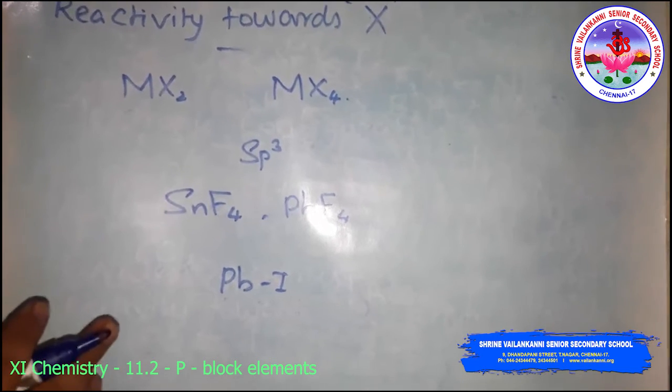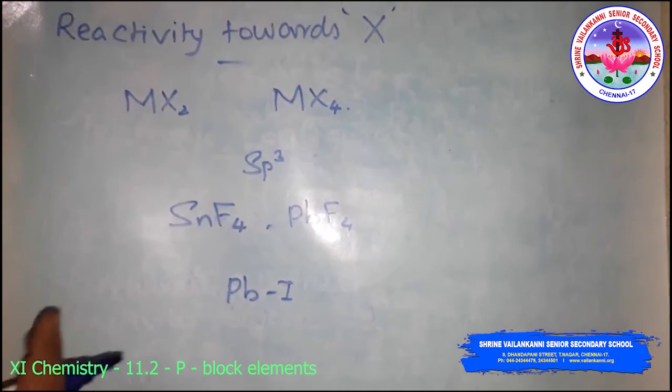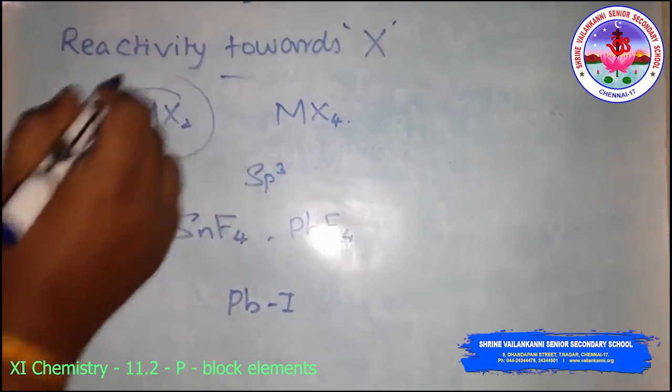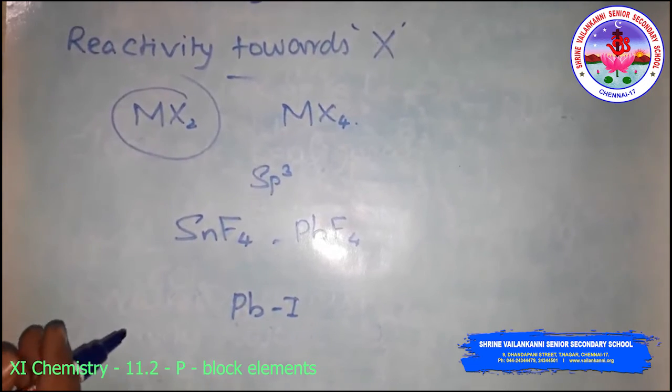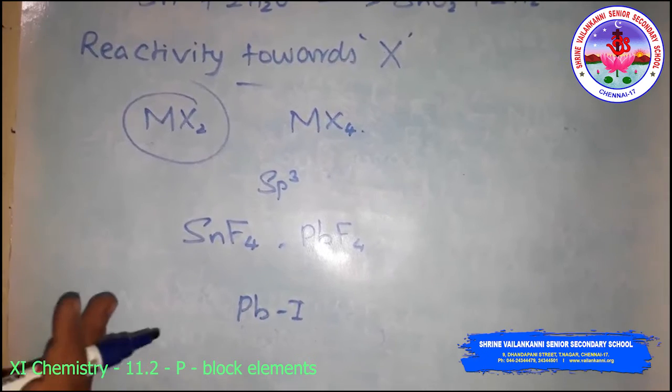The heavier members, like germanium and lead, are able to make halides of formula MX2. The stability of the dihalides increases down the group, considering thermal and chemical stability.